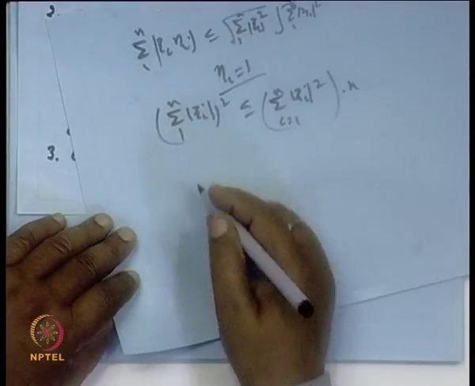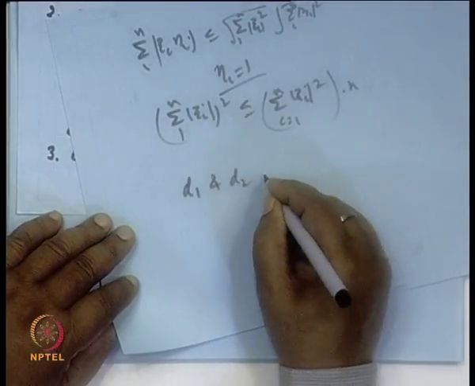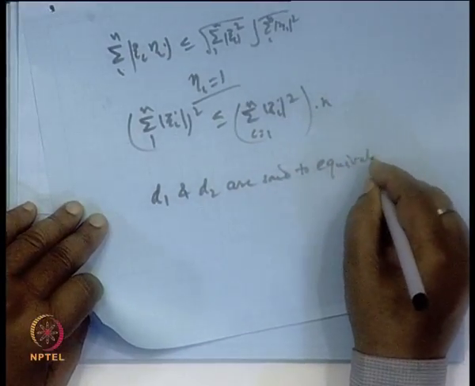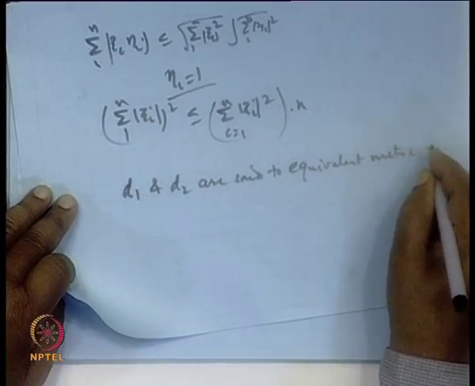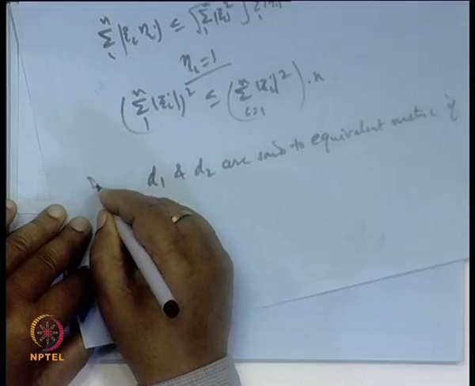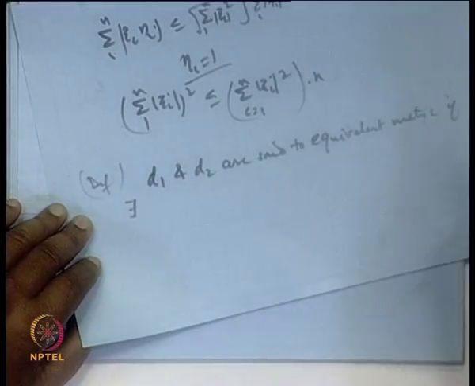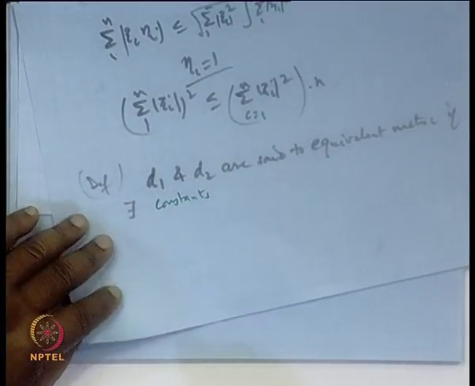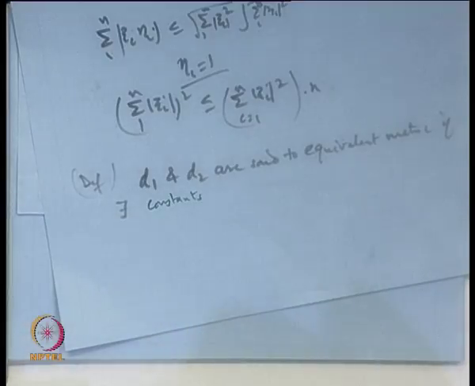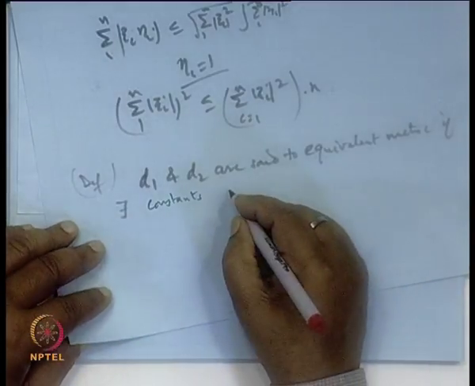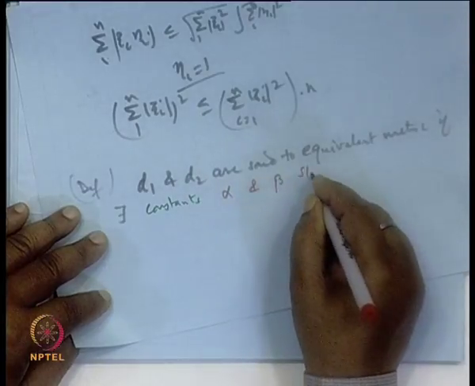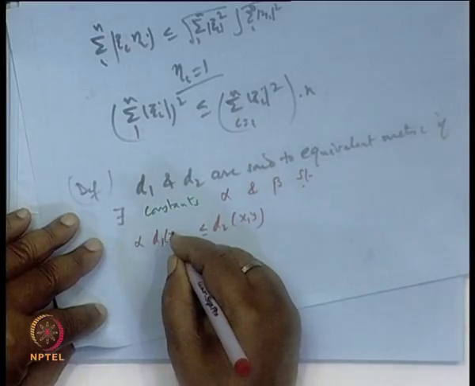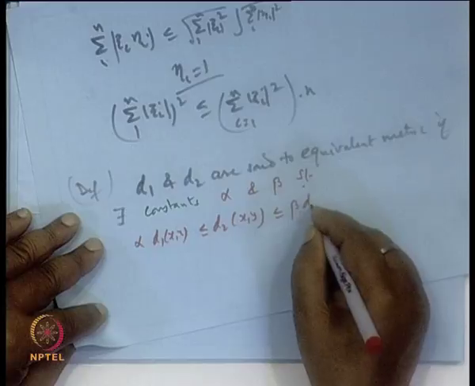The two metrics d1 and d2 are said to be equivalent metrics if there exist constants alpha and beta such that d2(x, y) is greater than or equal to alpha times d1(x, y), which is less than or equal to beta times d2(x, y).